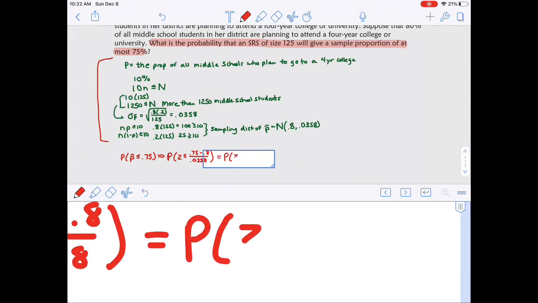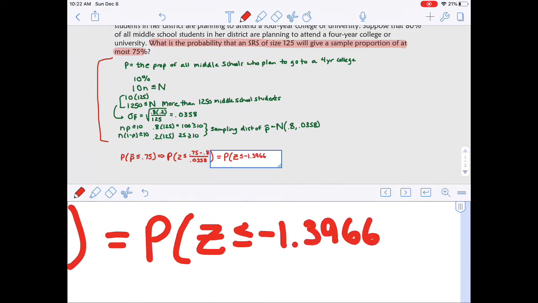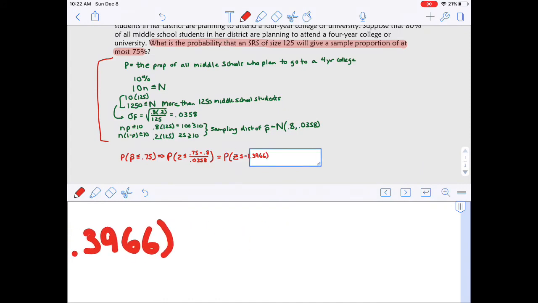And that gives us a z-score of a negative 1.3966. Again, if you use normal CDF at all, you need to make sure everything gets labeled. That is 0.081, so roughly 8%.